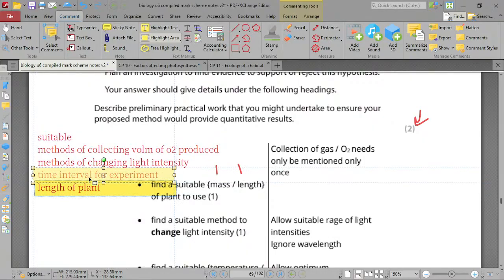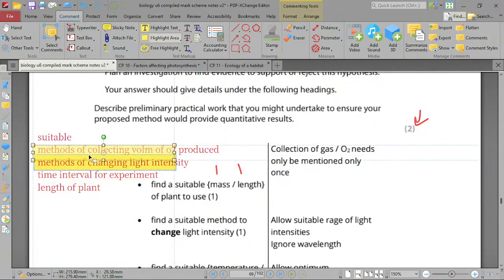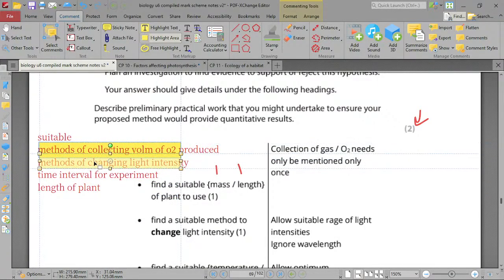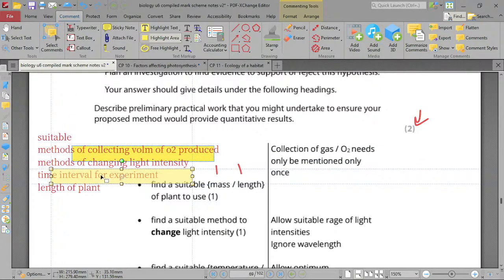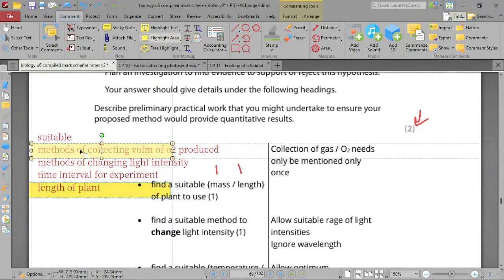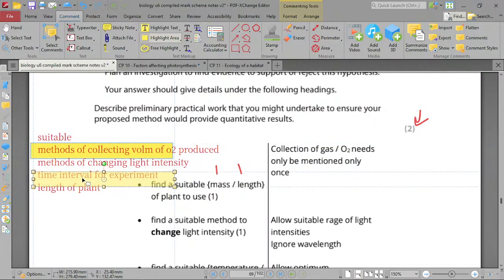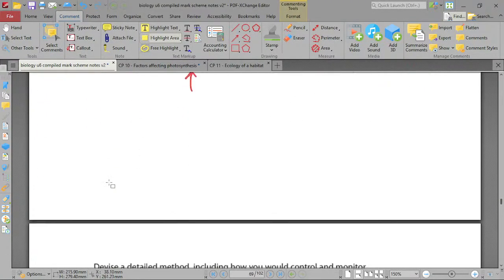So you can think of this as always looking at what the independent variable of this experiment is, what the dependent variable is, what the control variables are, and finding suitable methods and suitable ranges for those variables is basically that preliminary practical work they're talking about.